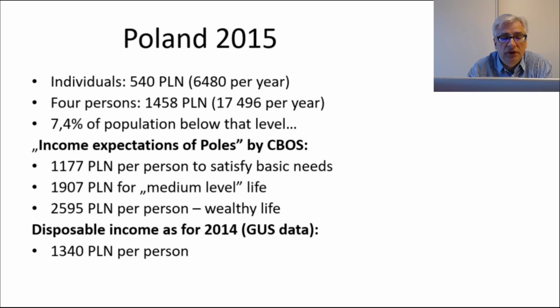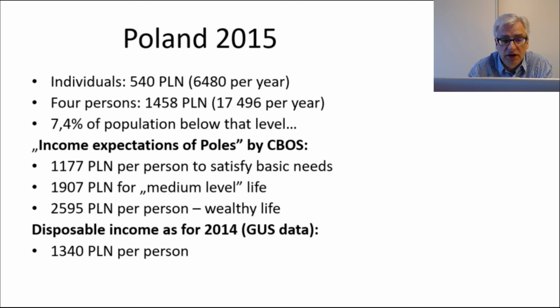There are also some interesting pieces of data on income expectations of Poles that were published for 2015. On average, we believed that slightly below 1,200 per person is enough to satisfy basic needs.